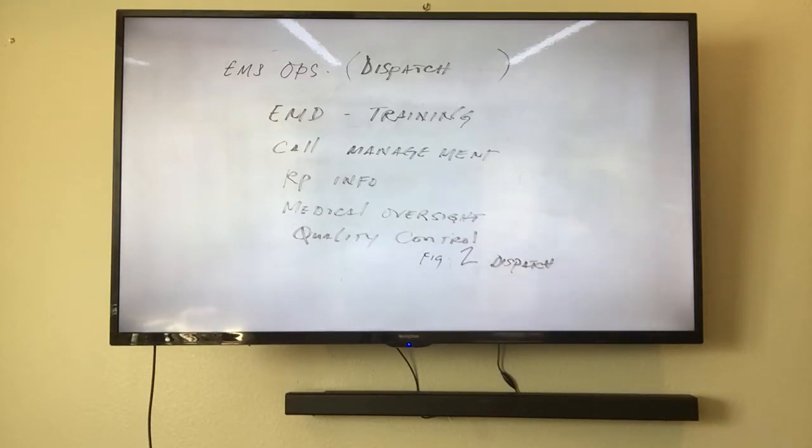Our EMD and dispatch protocols are also medically driven, so we have some medical direction to oversee our type of care and the pre-arrival instructions that we're giving. A lot of this information is also linked up to our live stream data systems, and this can tell us if there are incidents in the area, like a lifetime surveillance, so to say.